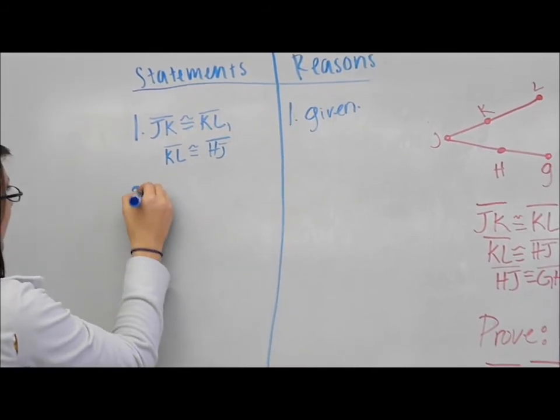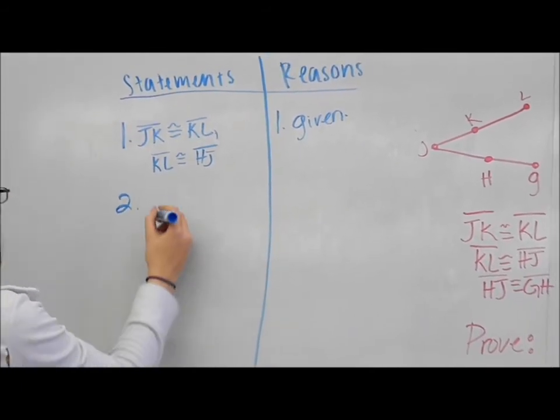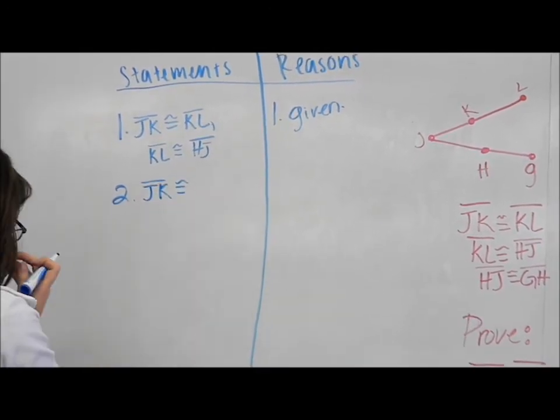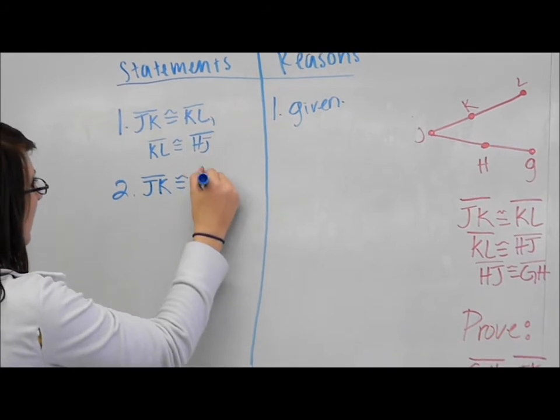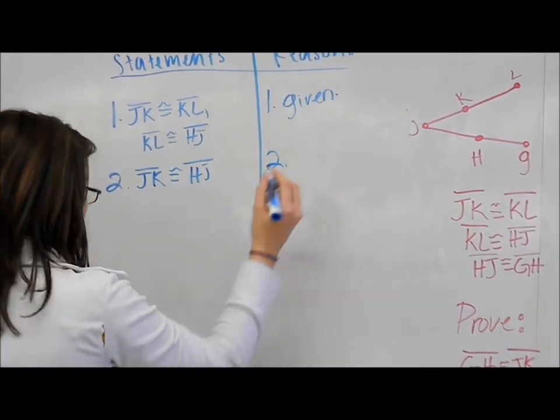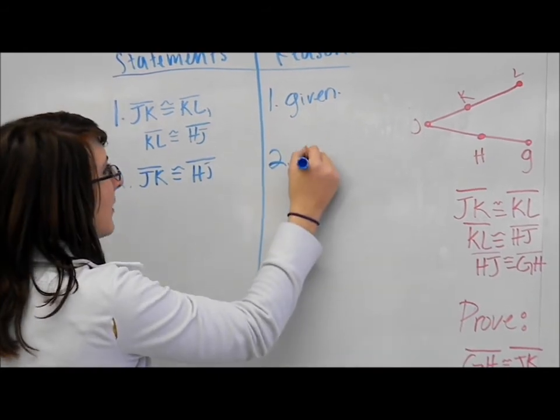And then for the second one, we have JK is congruent to HJ by the transitive property.